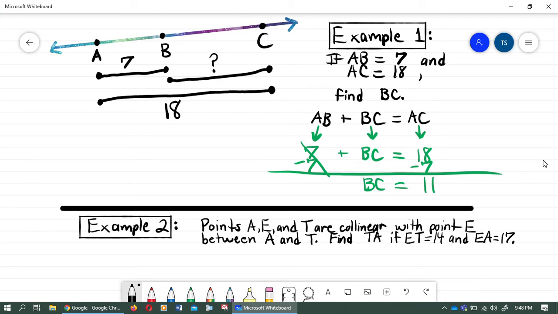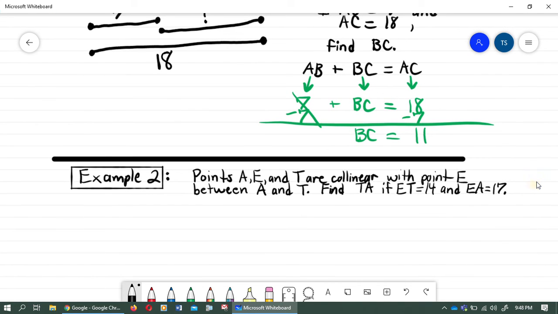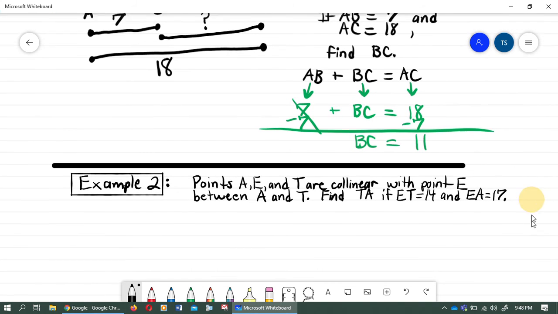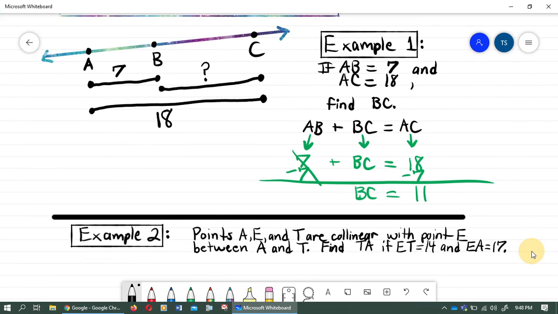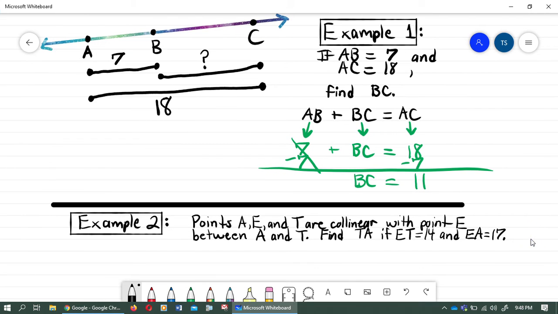And actually, most of your examples on your practice problems are going to look exactly like this. So, in other words, you're going to have to actually draw out your own line segment for these. So you can draw yourself out a little line segment.